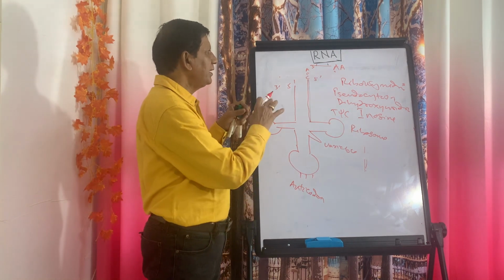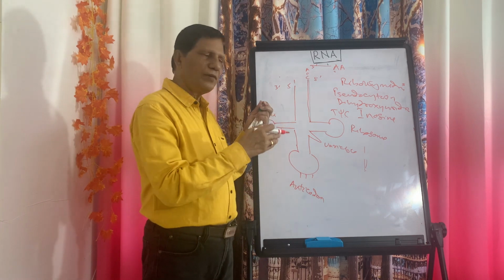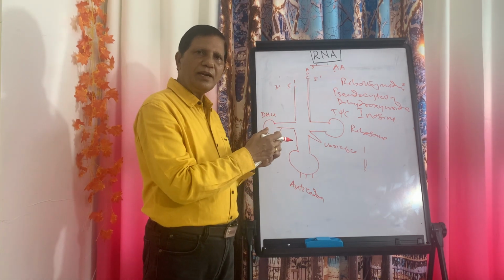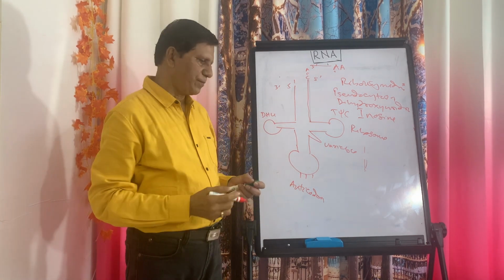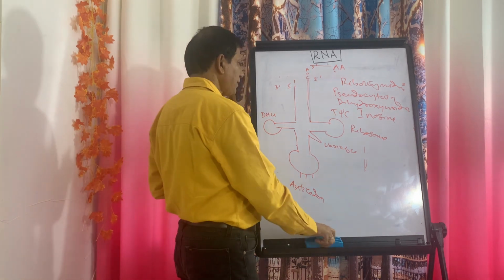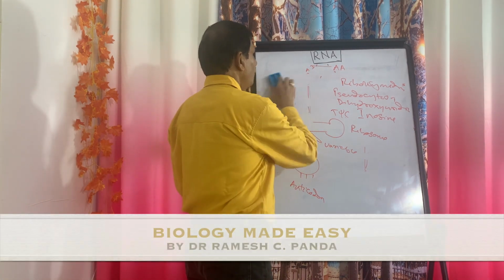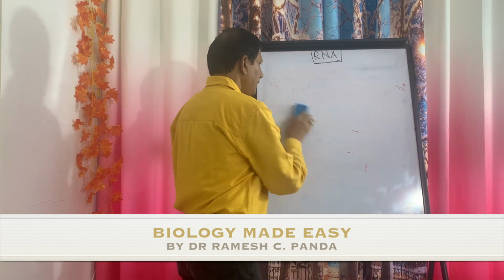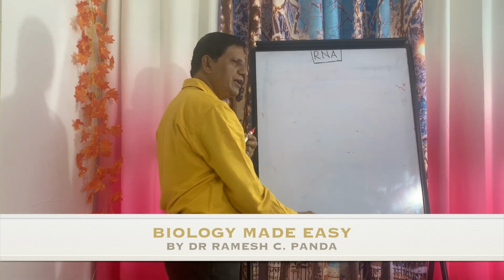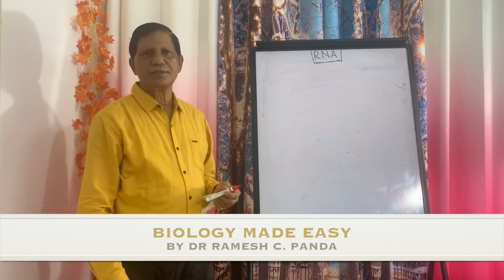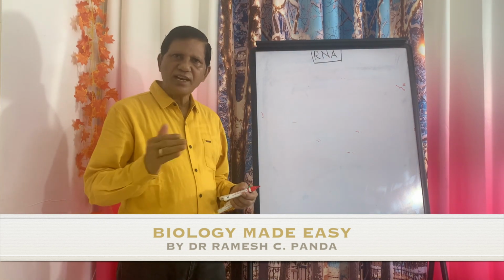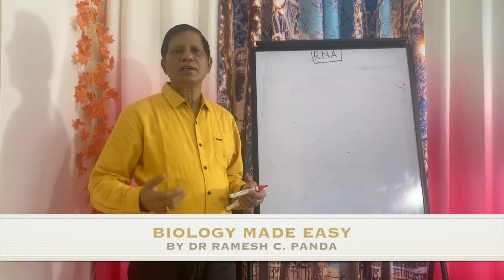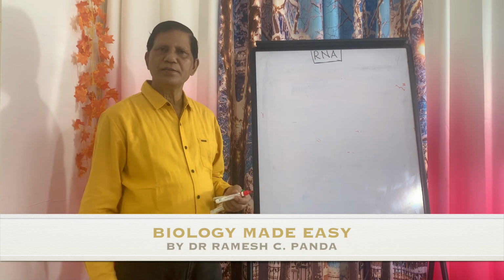So these are the important functions of rRNA, mRNA and tRNA. We will come to the other types of RNA which we discussed in the beginning during classification. The snRNA is small nuclear RNA that is present in the nucleus. The scRNA is a cytoplasmic RNA present in the cytoplasm.